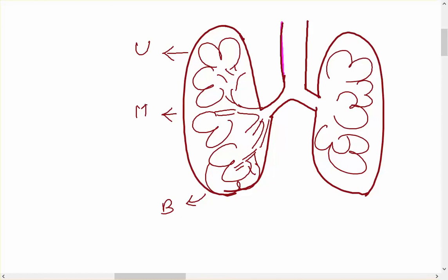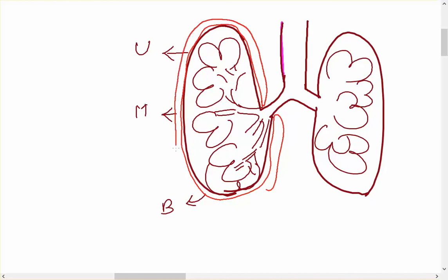So then we have pleura, right? The pleura, one layer is very close to the lung parenchyma, that is called visceral pleura. So one kind of pleura is attached to the thoracic cavity, right? That is called parietal pleura.